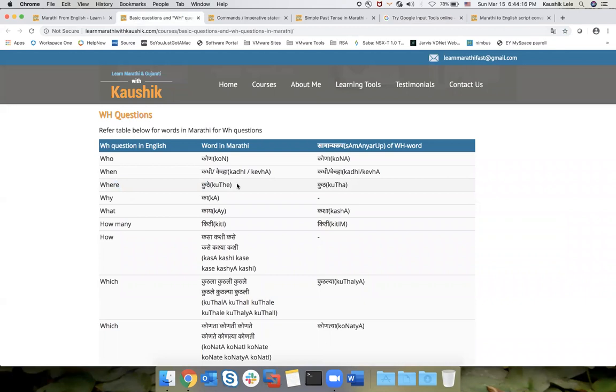How will you ask, where do you work? Tu kute kam kartos. And to a girl, how will you ask the same question? Tu kute kam kartes. तू कुठे काम करतेस? तुम्ही कुठे काम करतात? And when you want to ask an elder person or with respect, you will say, तुम्ही कुठे काम करता?